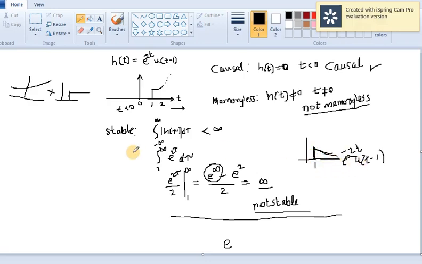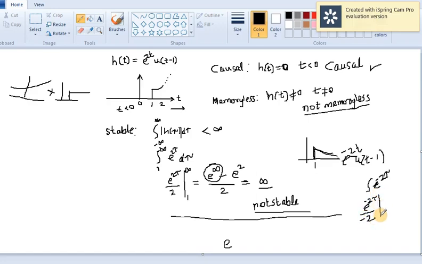Then when we check the stability, we substitute e raised to minus 2 in place of e raised to plus 2. When we substitute e raised to minus 2 tau, the integration gives e raised to minus 2 tau divided by minus 2.